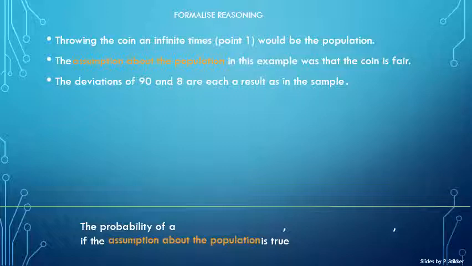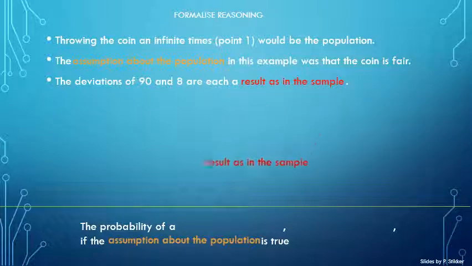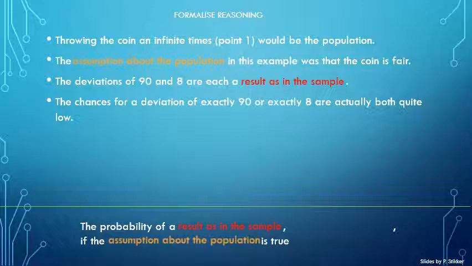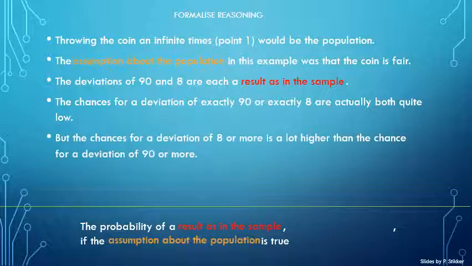Then the deviations of 90 and 8 are each actually a result as in the sample. So these are the results as in the sample. That was also in our definition. The chance for a deviation of exactly 90 or exactly 8 is actually quite low for both. But the chance for a deviation of 8 or more is a lot higher than the chance for a deviation of 90 or more.